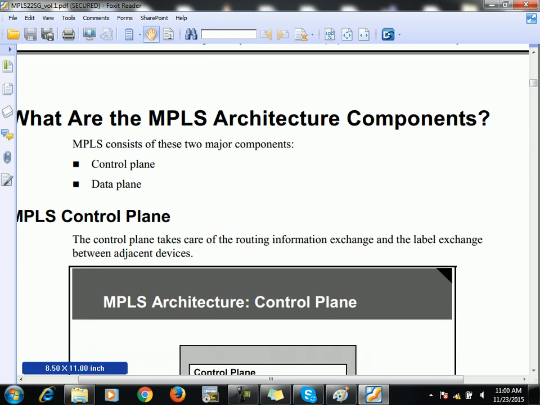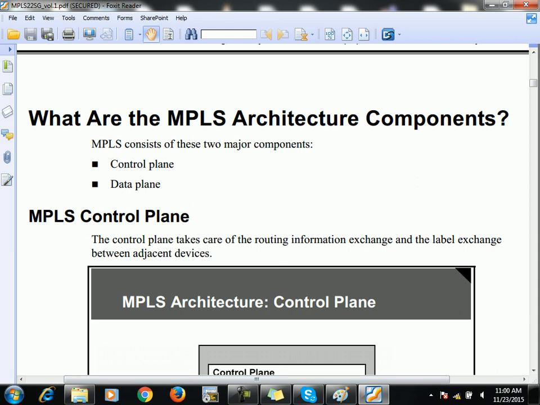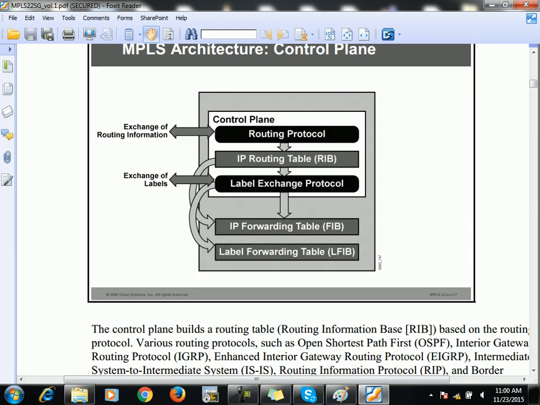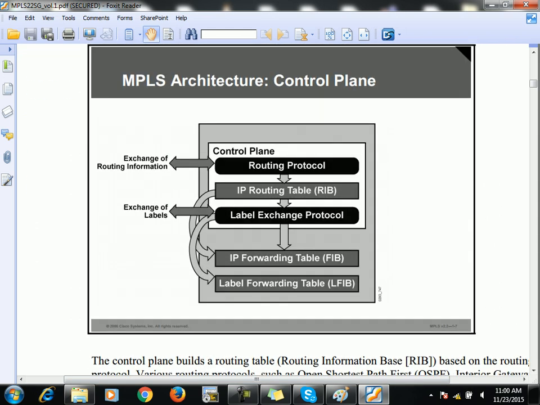Now, in routers, you know very well that we have two things: control plane and data plane, as I told you during Cisco Express Forwarding, CEF. On all devices you will find these two things.